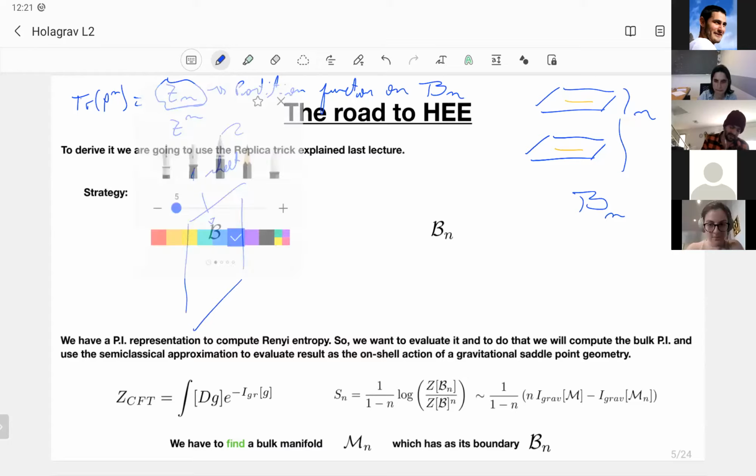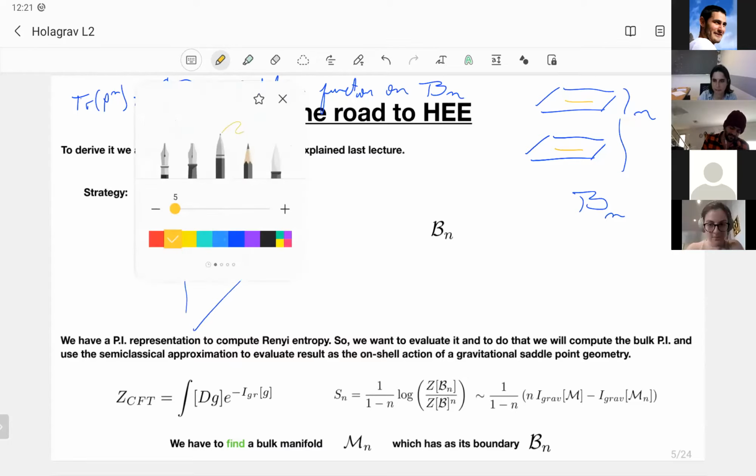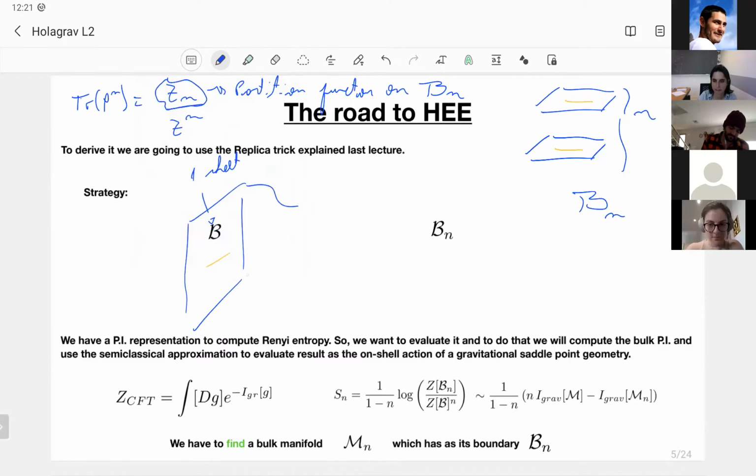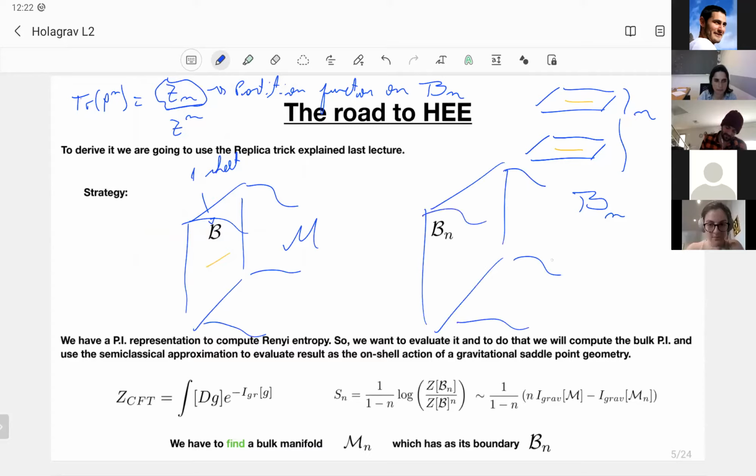Suppose you know the AdS dual. You know that the dual of this is another manifold called M. And then what we want to know is the dual of this other beast. I will call it Mn.